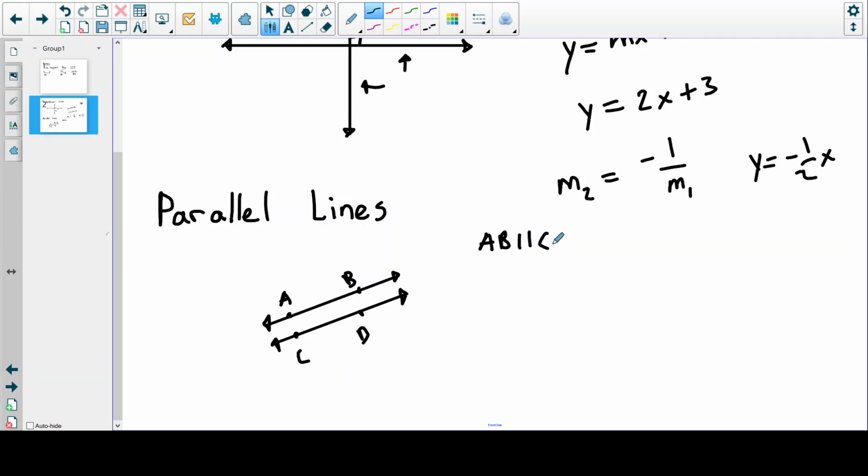So AB is parallel to CD, and sometimes you can put the fancy arrows here, indicating that it is a line, not a line segment.